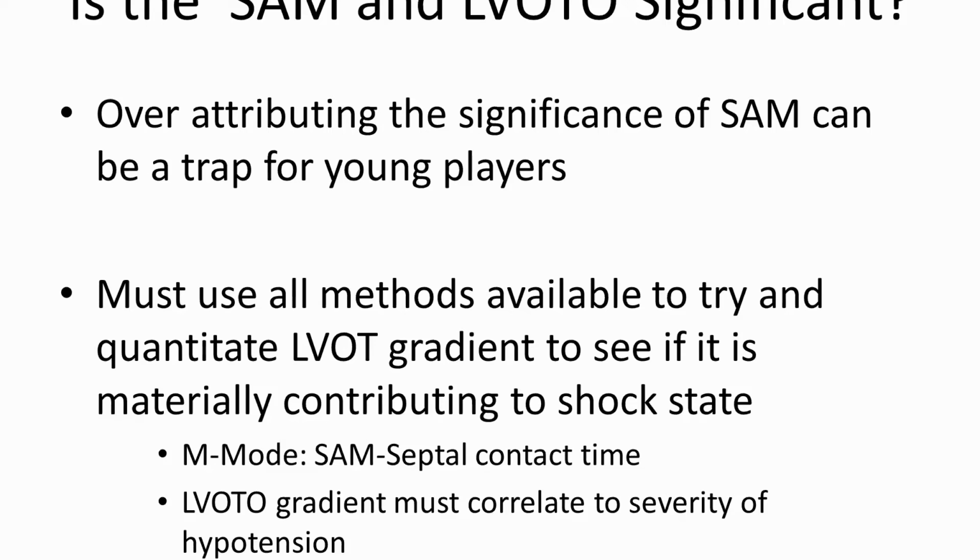And we talked about that in those previous slides. You can look at the SAM septal contact time, but most critically is to do your best to assess the severity of the gradient. And we said if you have a gradient that's under 30, it's unlikely to be causing you any problems. But if it's over 50, then it's more than likely to be contributing to your clinical picture.